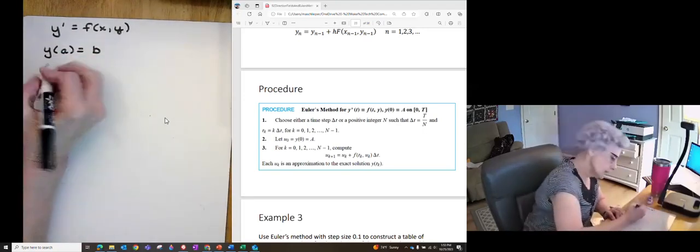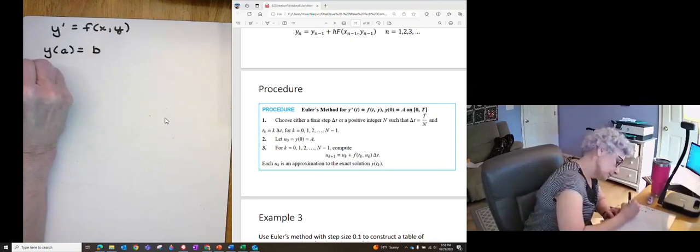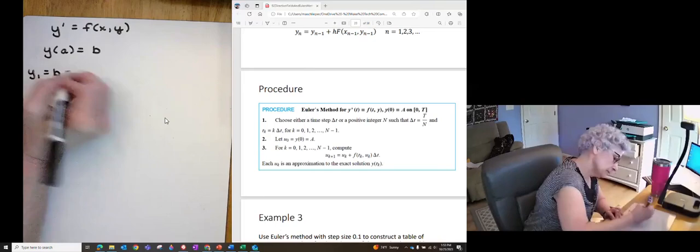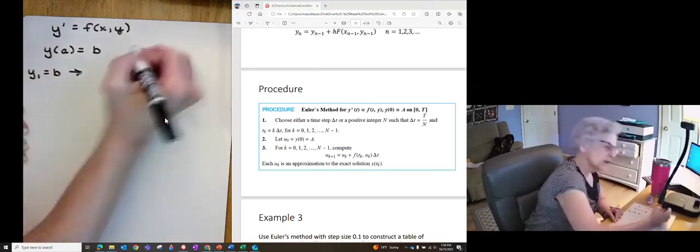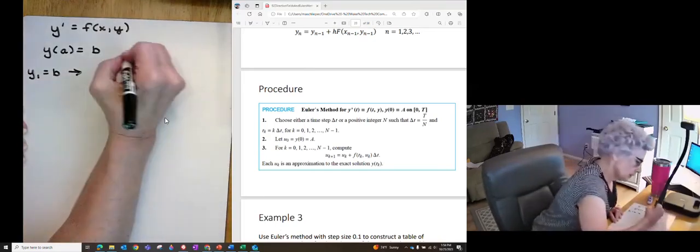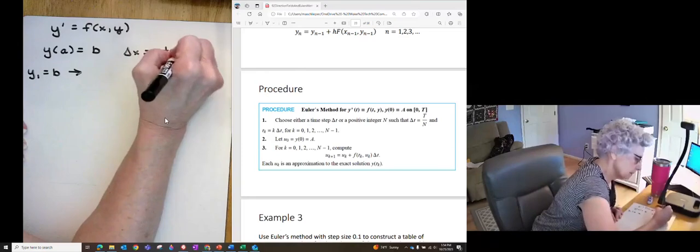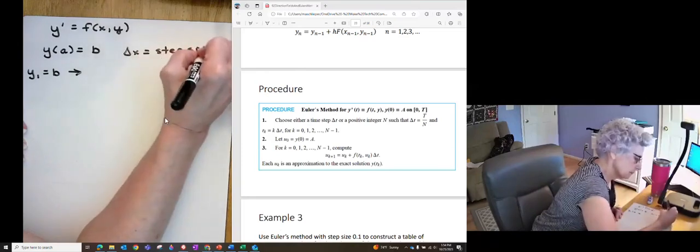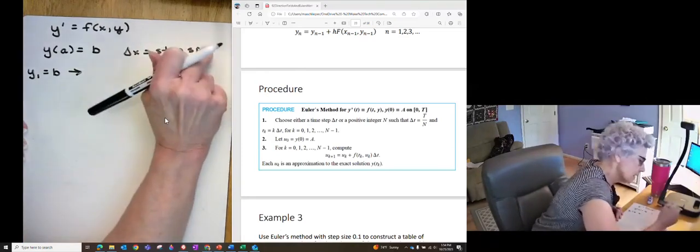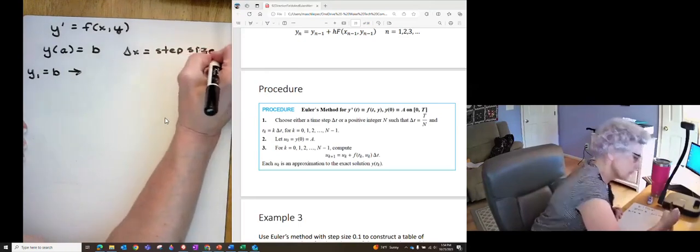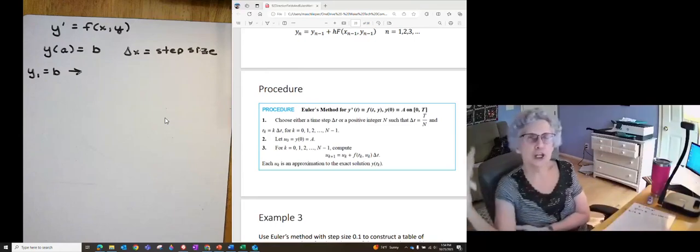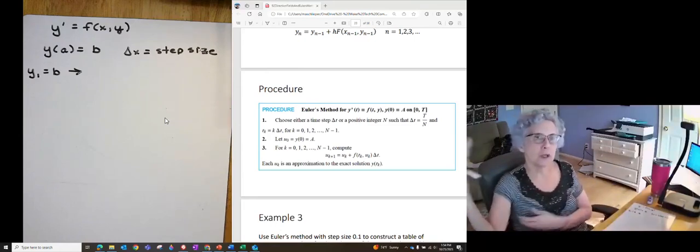So your first y is equal to b. You have a delta x, which is your step size. That's how much you're adjusting your x value.